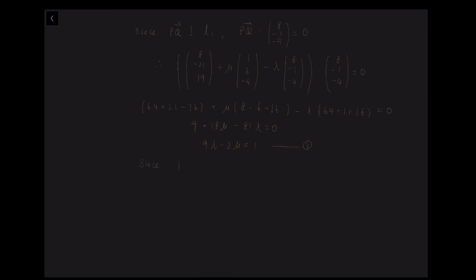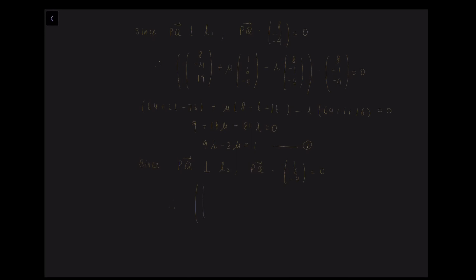Also, since the vector PQ is perpendicular to L2, PQ dot the direction vector of L2 must be 0. So the direction vector of L2 is 1, 6, and minus 4.